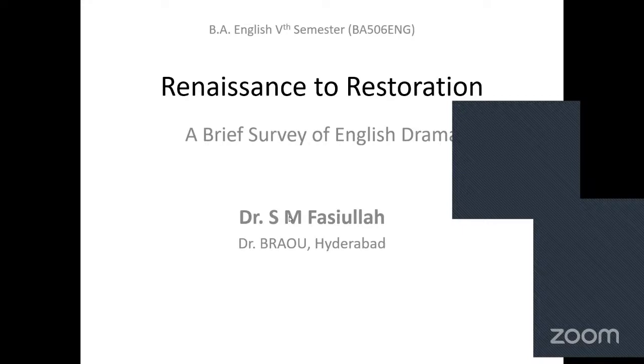And then we moved on to talk about the variety of elements that make up drama. Drama is a genre within literature where the whole story comes out in the form of dialogues. There are different characters within the drama who speak to one another and deliver dialogues, and in the form of dialogues, the whole story starts, develops, and ends. This is the defining feature of drama as a form of literature.